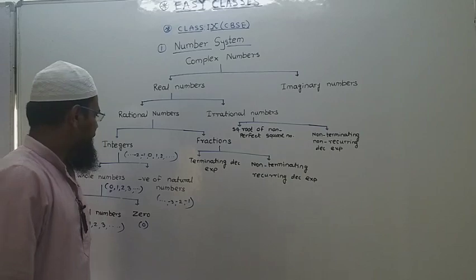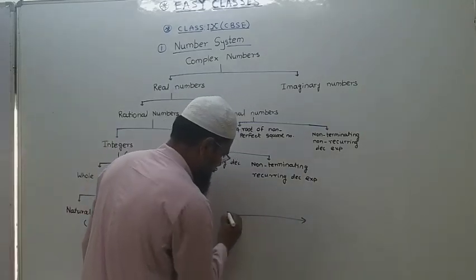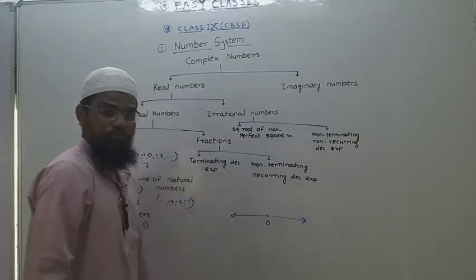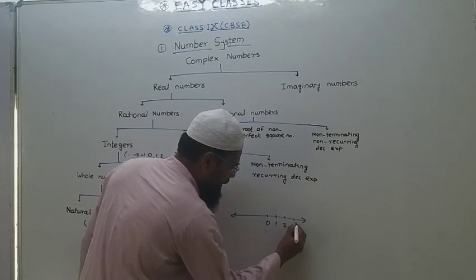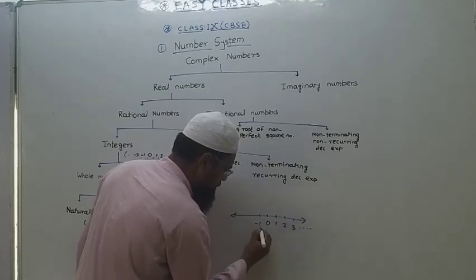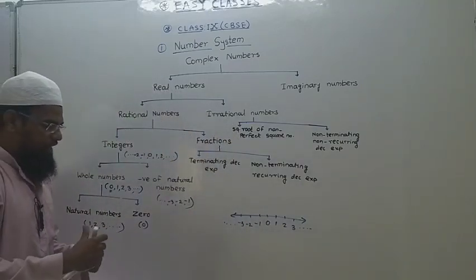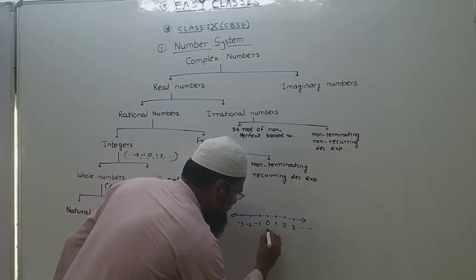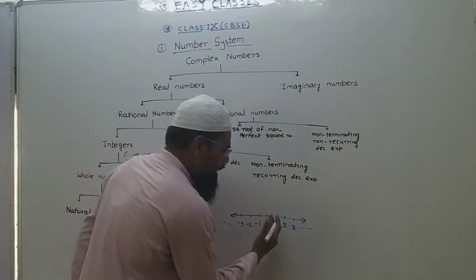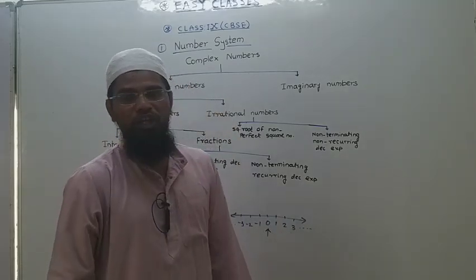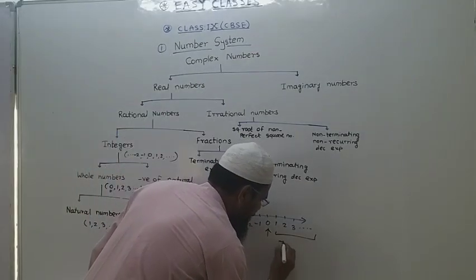We can represent the integers on a number line also. Here 0, after that 1, 2, 3 and so on, and here minus 1, minus 2, minus 3 and so on. The numbers to the right of 0 are the natural numbers, or the positive integers.